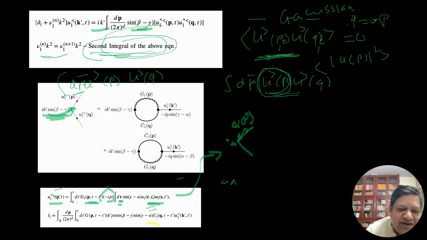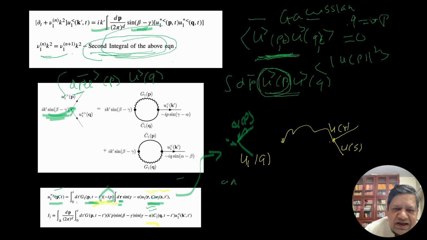Let's use a slightly thinner pen, and this is u1 of q. So the u1 p I am expanding, this is the vertex, and this is called the Green's function, and it has two legs. Which are the two legs? U R and U S. And we got U Q here. The subscript 1 we don't worry about.